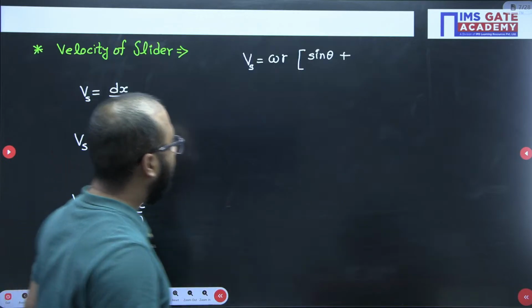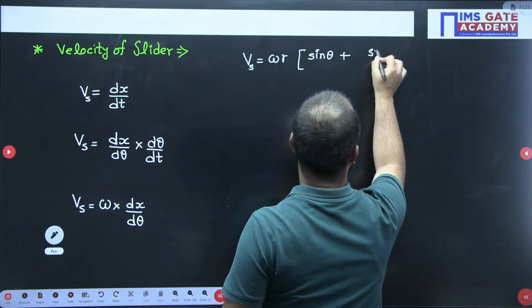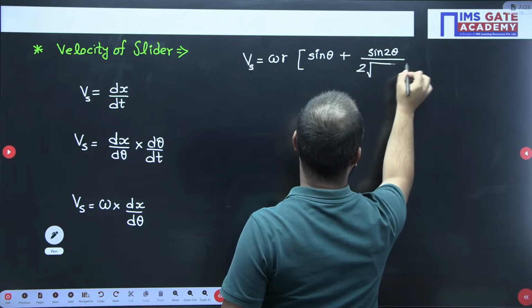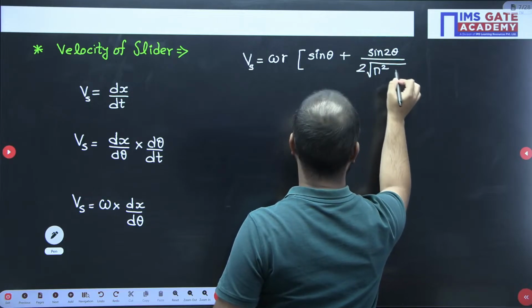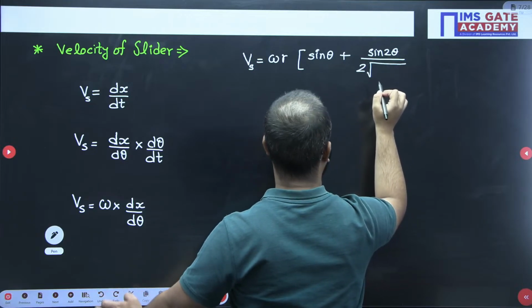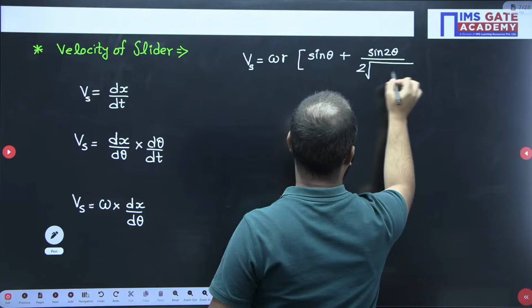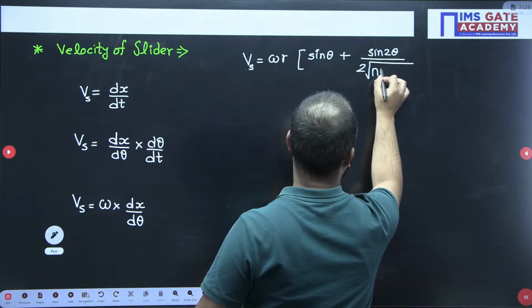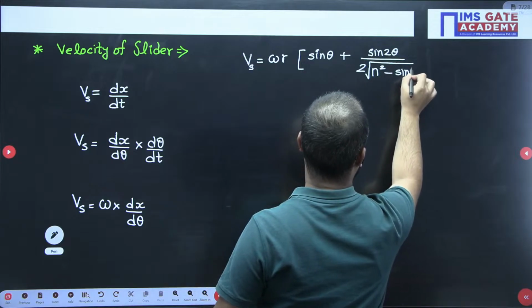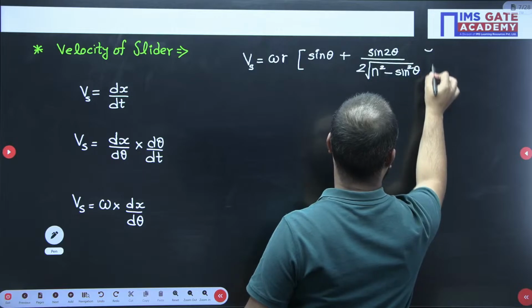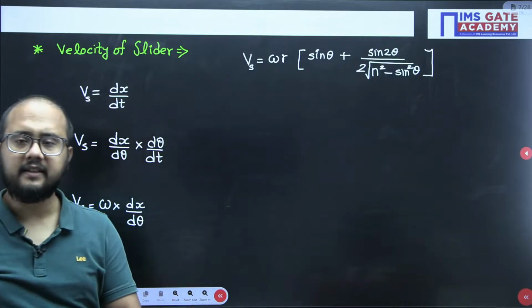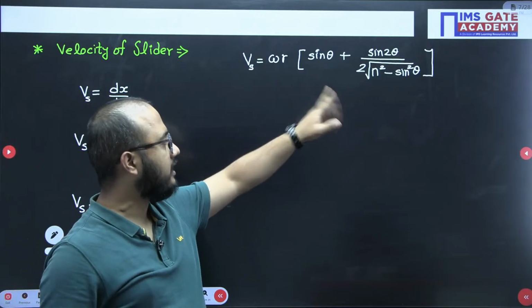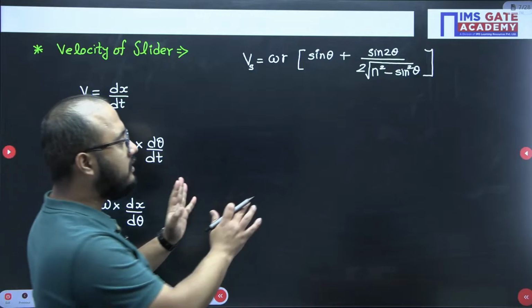Plus sin 2 theta divided by 2 into the square root of n square minus sin square theta, right? This is the relation. So omega into r in the bracket: sin theta plus sin 2 theta divided by 2 into the square root of n square minus sin square theta. This is the exact formula.